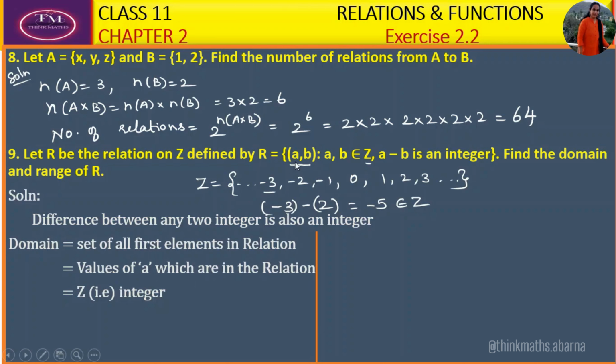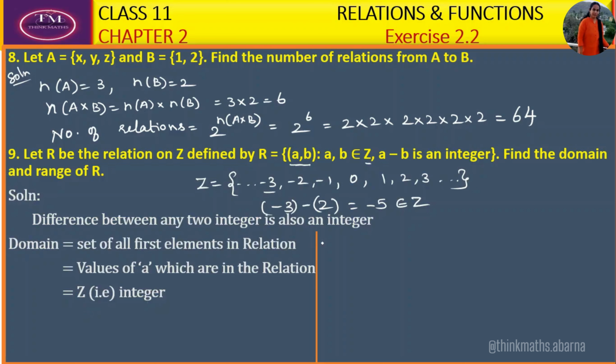Here all types of A will satisfy the condition because the difference between two integer is also an integer. So all the integers which take part in A will satisfy the relation. So set of all first elements, all values of A which are in the relation. So what is A? It is nothing but integer. So this is the domain.